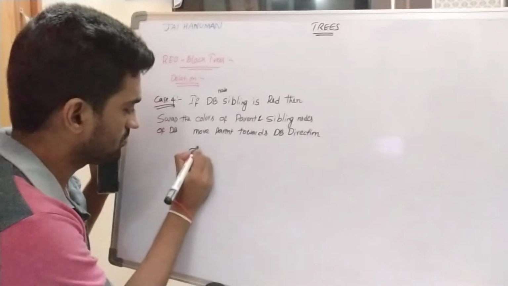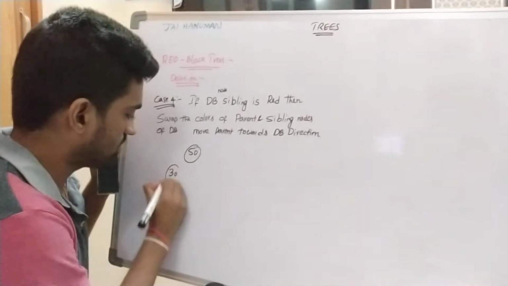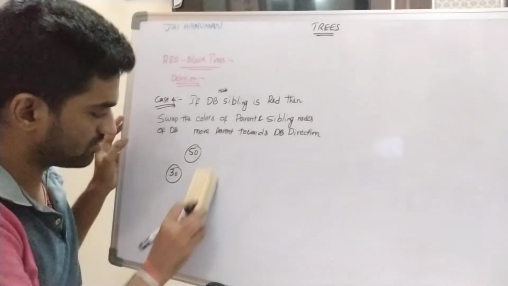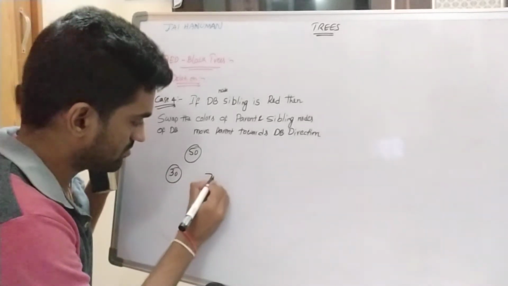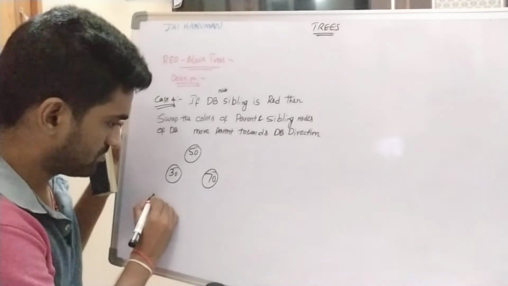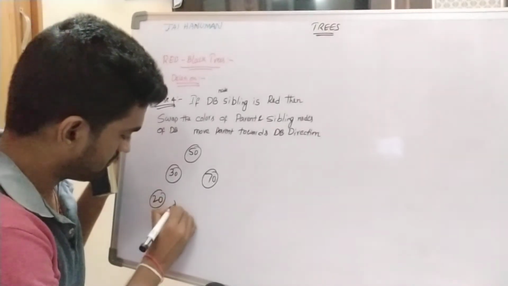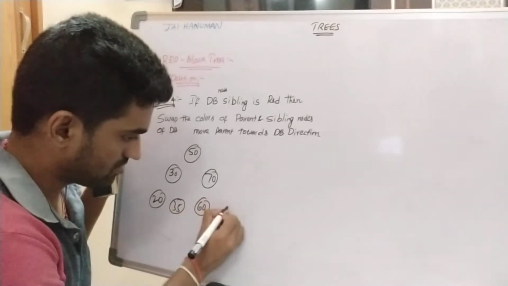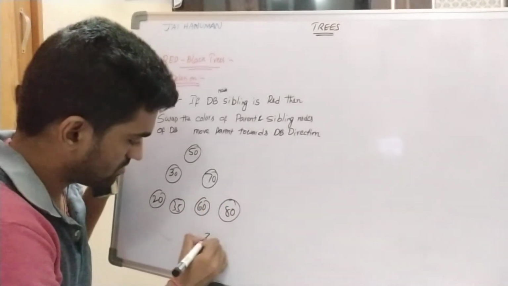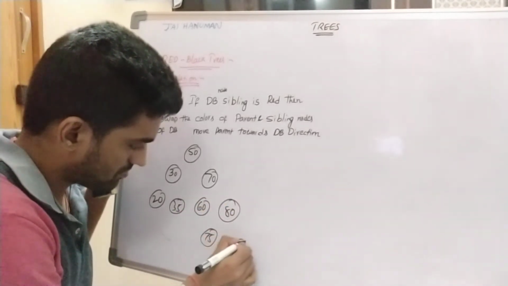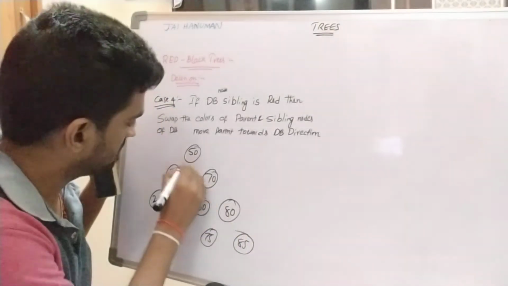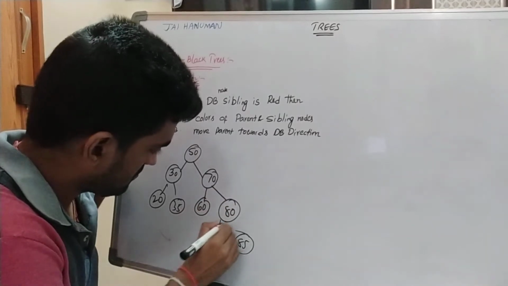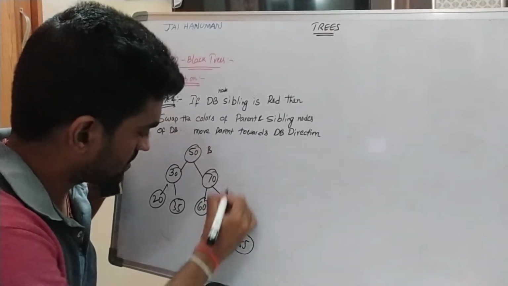50, 30, 70, 20, 35, 60, 80, 75, 85. This is black.